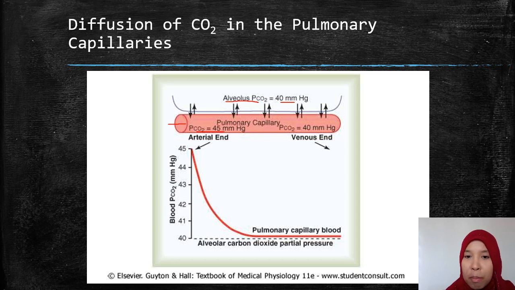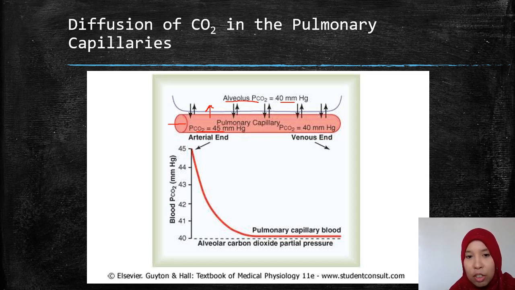So if you compare it with the one returning from the whole body, which is 45 millimeter mercury, there's a 5 millimeter mercury difference in the partial pressure. So now you can see that the carbon dioxide moves from the blood to the alveolus, meaning from the blood to the lung, right?